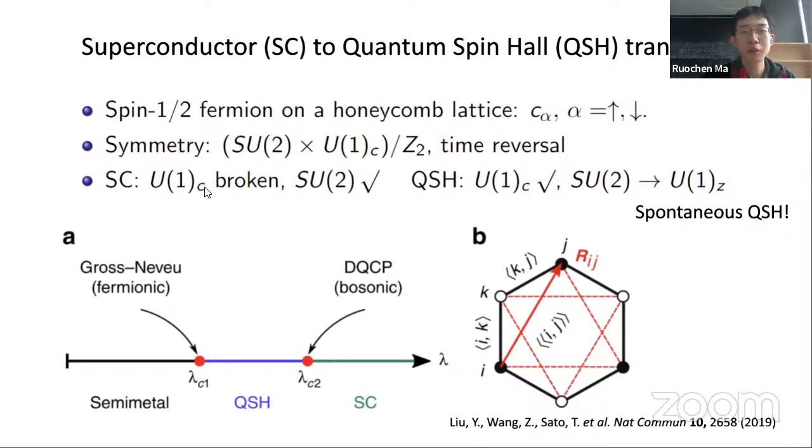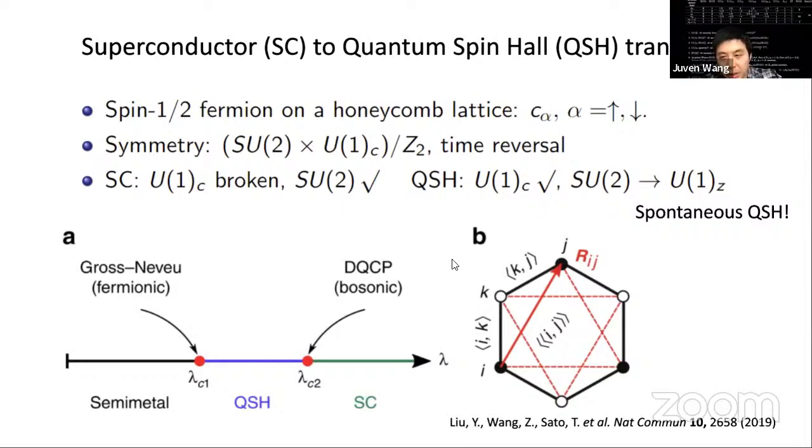To distinguish the two phases, I just described these two symmetries, but it turns out that time reversal is also important. But for simplicity, I don't plan to talk too much. The time reversal is preserved throughout the phase diagram.